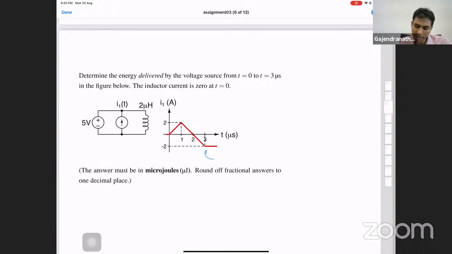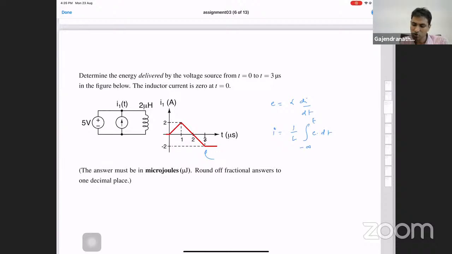Now we know very well that if you keep the voltage across the inductor constant, the voltage across the inductor and the current through it are related by E equal to L di by dt. Similarly, the current, if you want to find it, is 1 by L integral of the voltage dt.